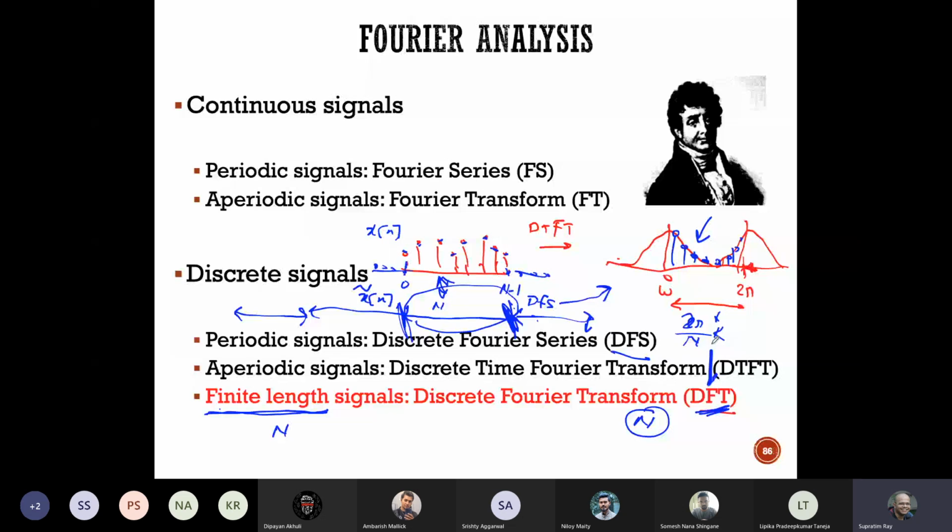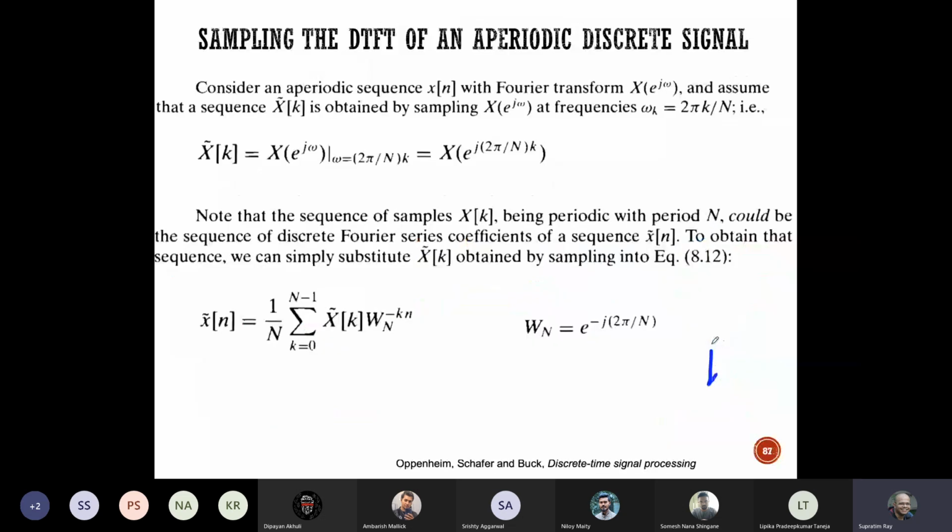So I'll just show you what the math is. Here's how I'm going to do this. I'm going to first start out with an aperiodic signal sequence x[n], which has a Fourier transform, the DTFT.